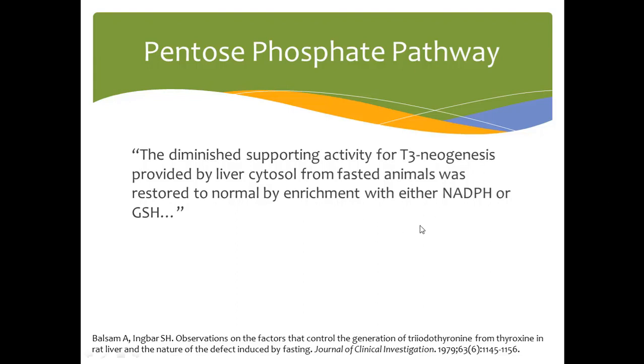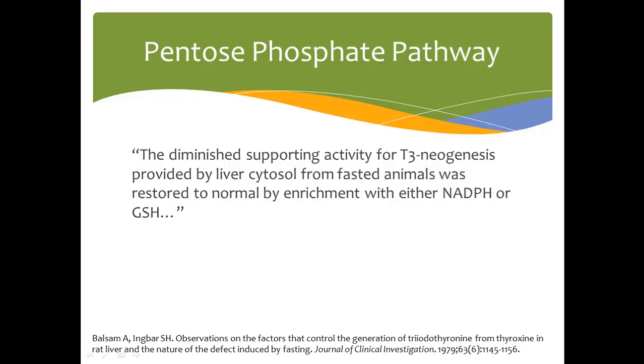And so again, just a little bit more support here for NADPH, which, as you all now know, is an important byproduct of the pentose phosphate pathway that's dependent on B1, and the diminished supporting activity of T3 neogenesis. The new production of T3 hormone was restored when they enriched the food of these animals.